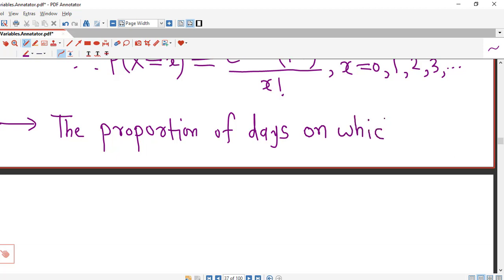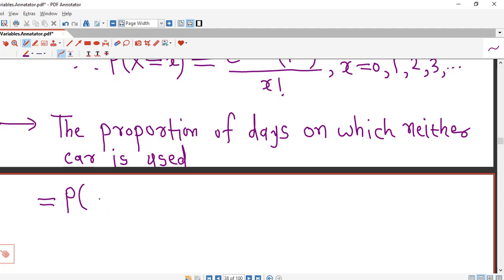on which neither car is used, that means 0 car is used. This is nothing but the probability of 0 car, that means there is no demand for a car on that day.